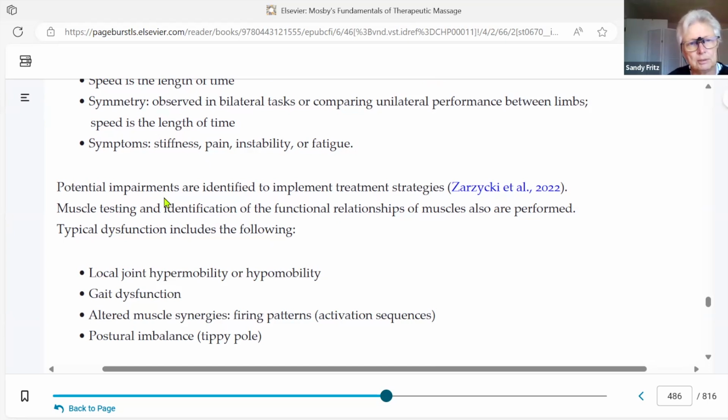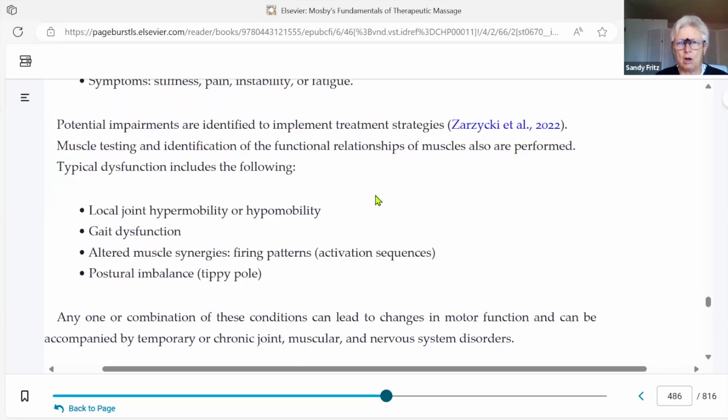So potential issues and how you might provide, alter and adapt massage here would be to look at local joint function. Pay particular attention to laxity or hypermobility. Tissues around that will feel stiff. The joint may actually assess hypomobile because the tissues around it are shortening to try to provide some external stability.